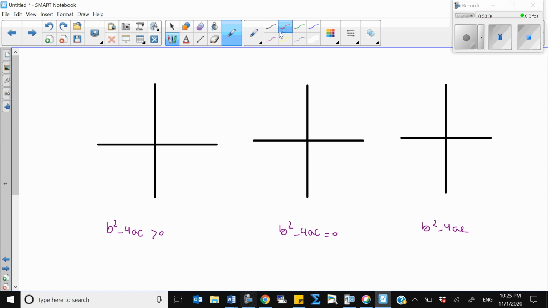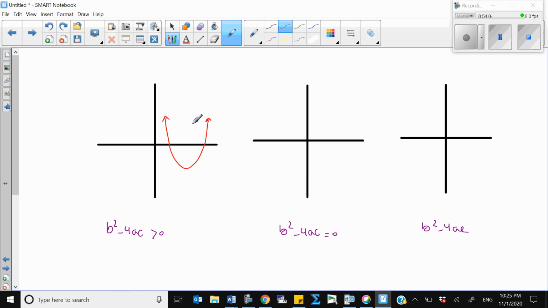And last, I just want to talk about the roots of a quadratic function on a graph. Like we said, if the discriminant of a quadratic function is a number greater than 0, then we'll have 2 roots. In this case, the graph is going to look something like this. This is a parabola, which is the graph of a quadratic function.